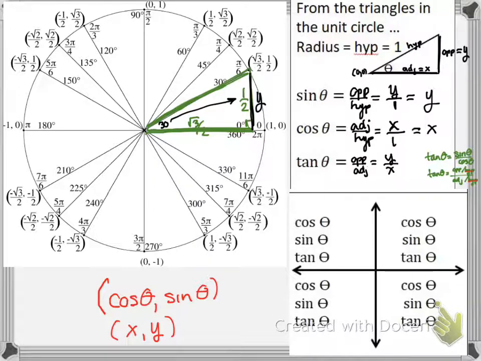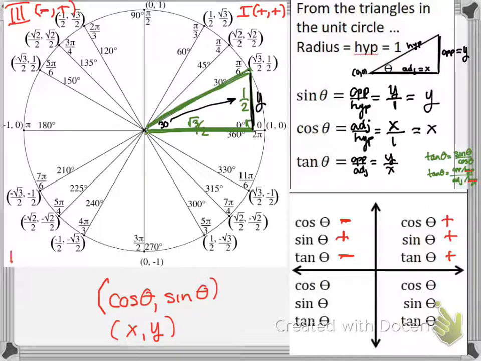In quadrant 1, which we already said is positive, positive, cosine turns out positive, sine turns out positive, and when I divide them, it's still positive. If I'm talking about quadrant 2, the x's are going in the negative direction, and the y's are still going up. That means the x's, which are the cosine, are going negative. The sines, which are the y's, are going up to the positive. And if you divide a positive and a negative, you get a negative.